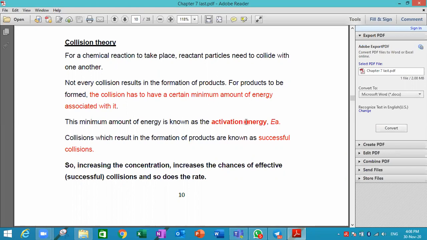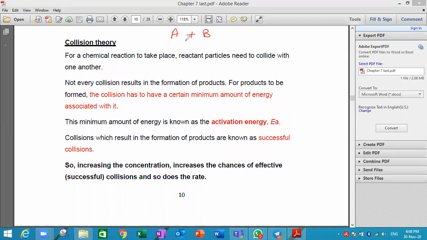There is a theory called collision theory that states that for any reaction to take place, for example between reactant A and reactant B, the first step is that these two reactants must collide together.